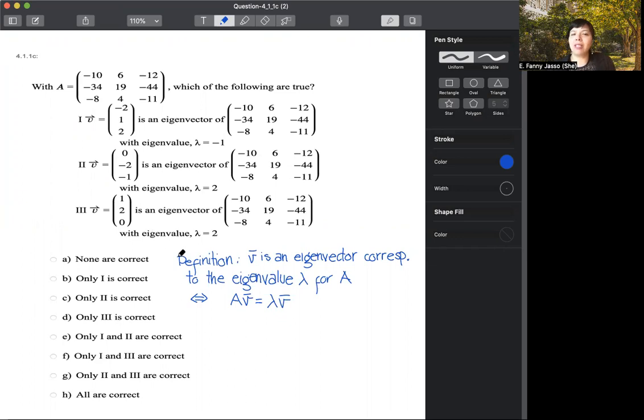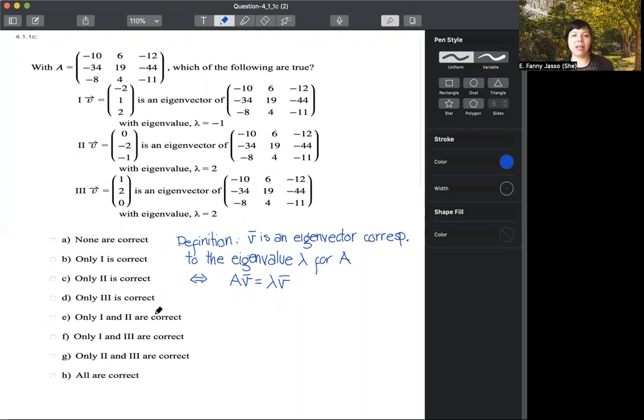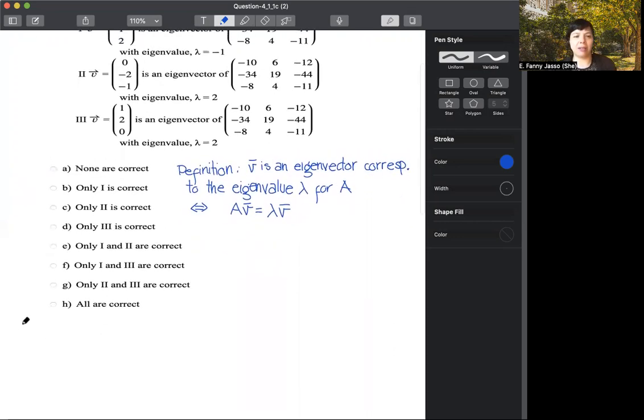This is the definition of what it means to be an eigenvector corresponding to an eigenvalue for a matrix A. It tells you that we need to check if, when I multiply A times my given vector V, that's the same as multiplying the corresponding lambda times the vector V. That's what we're going to check for each of the three cases.